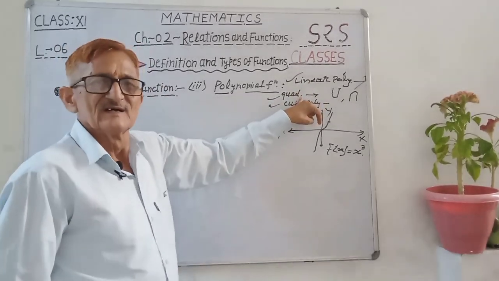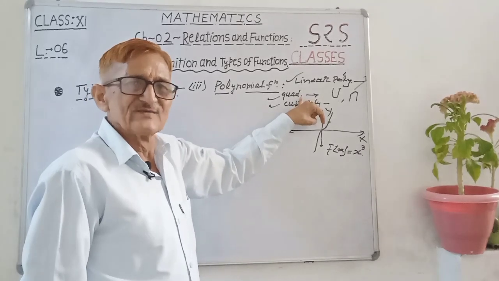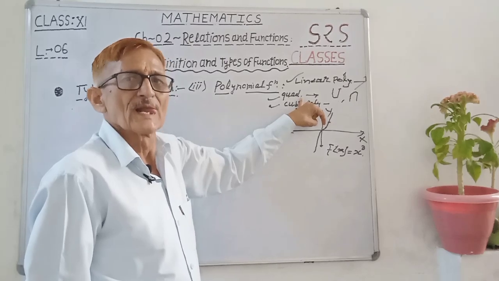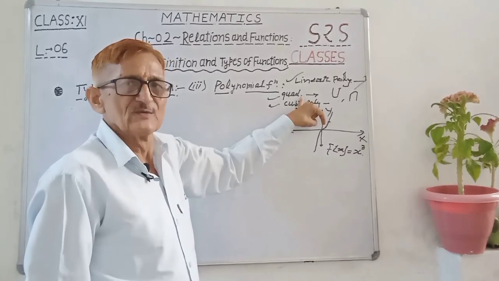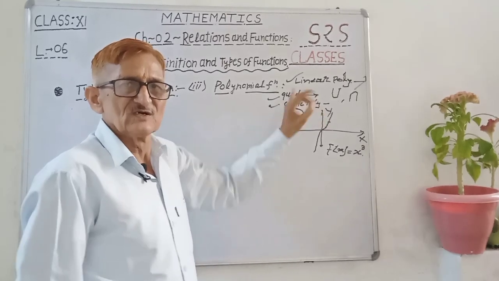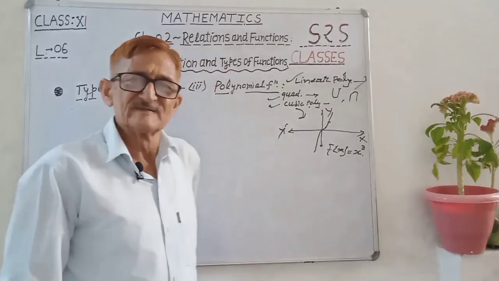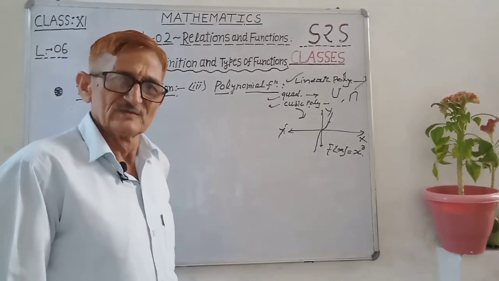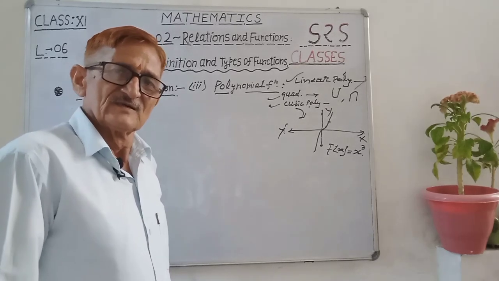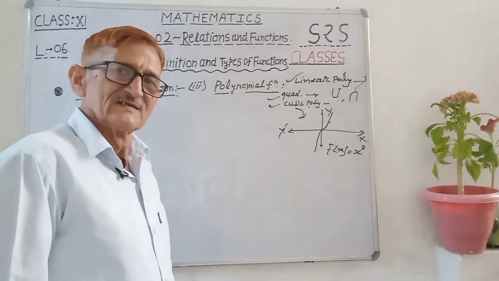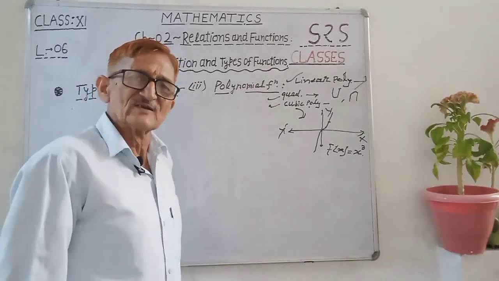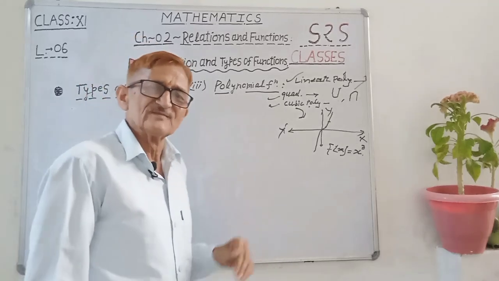Quadratic: every x value is possible here. X is put, y is also every real number? y may be 0 here. So the range, the output, is not all real numbers in quadratic, because a minimum value will come.